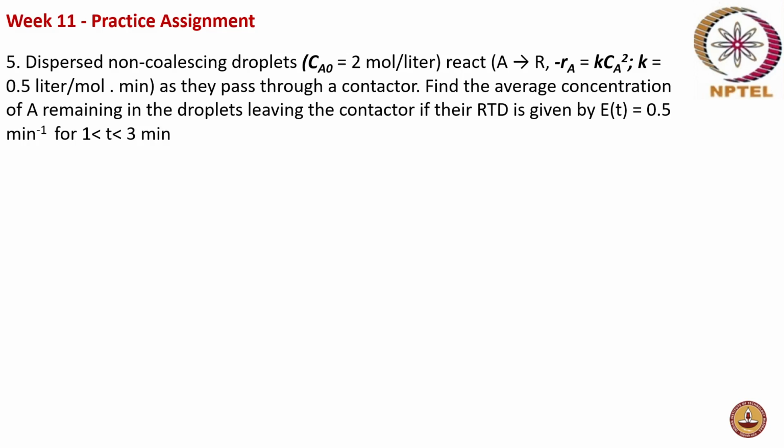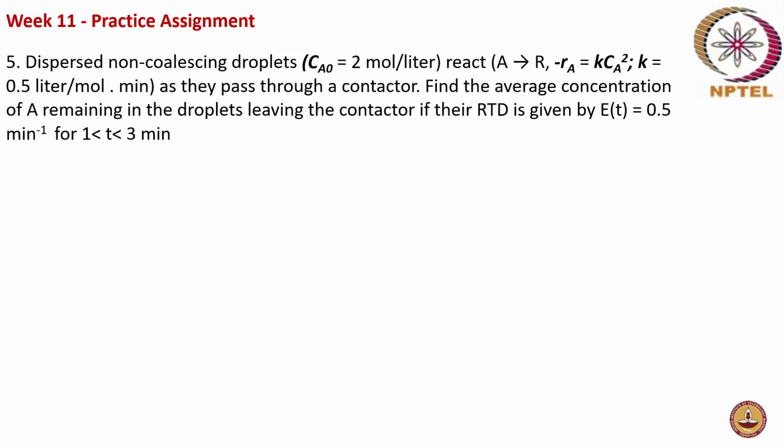Now we have to find the average concentration of A remaining in the droplets leaving the contactor if their RTD function is given by E of t equal to 0.5 minute inverse for time between 1 to 3 minutes.